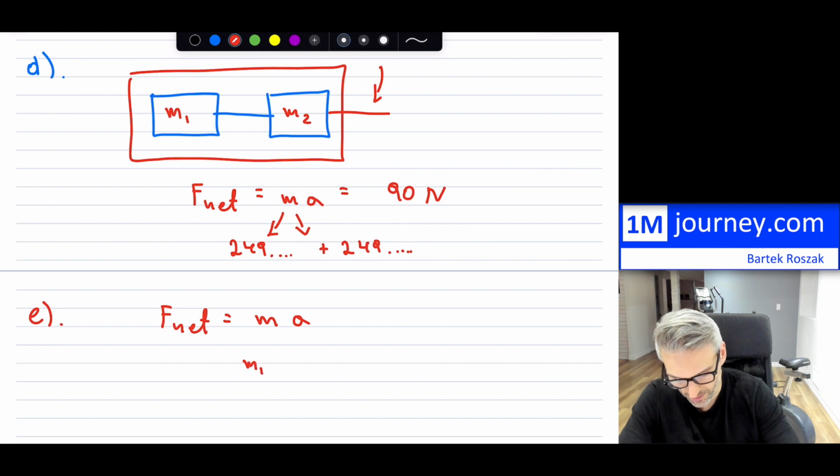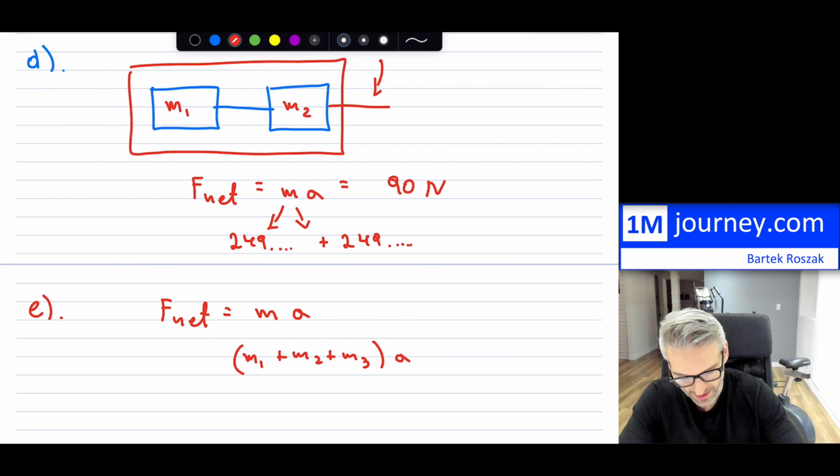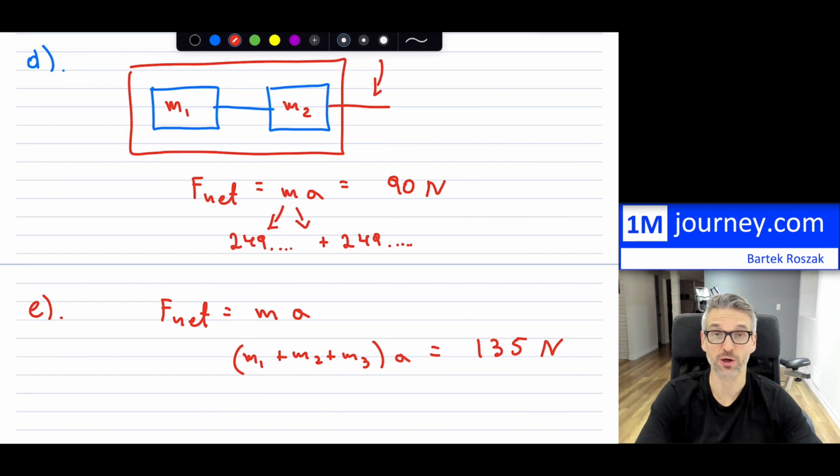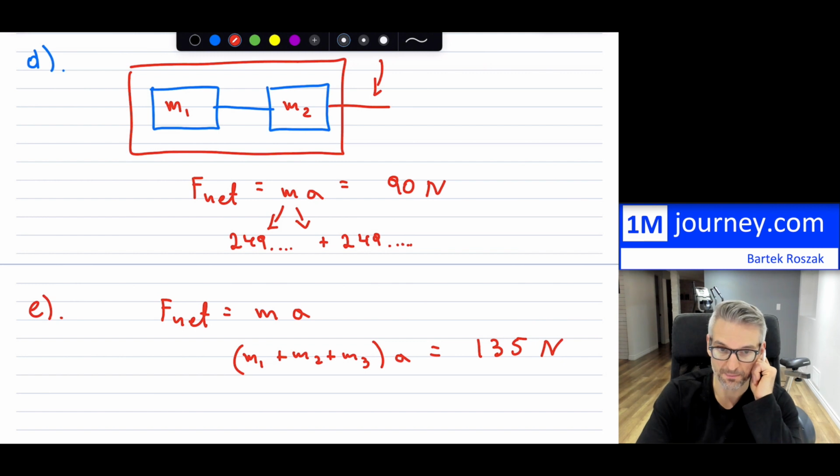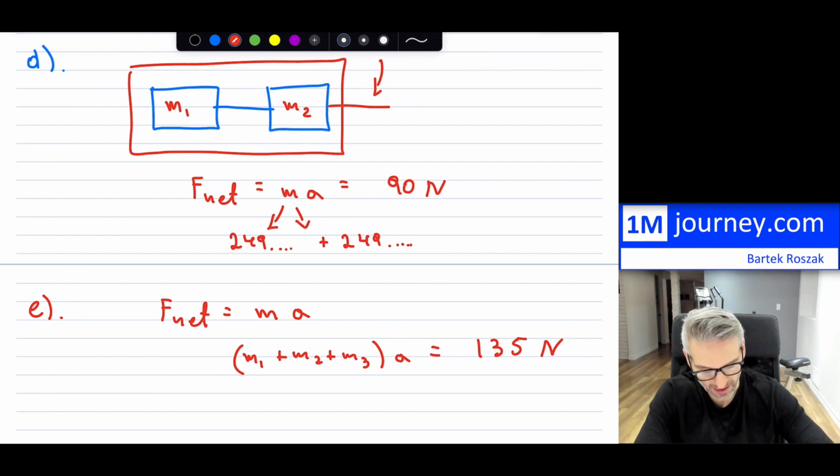So this is m1 plus m2 plus m3 multiplied by a. And of course, it should come up to 135 newtons, because that's exactly what we needed for the overall system to haul those machines. And that's because for the medical robot that we had, we neglected the mass. So that would have been it.